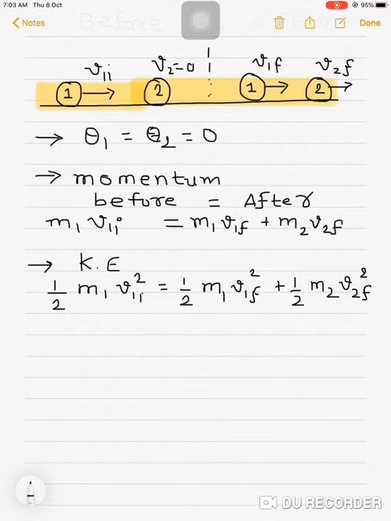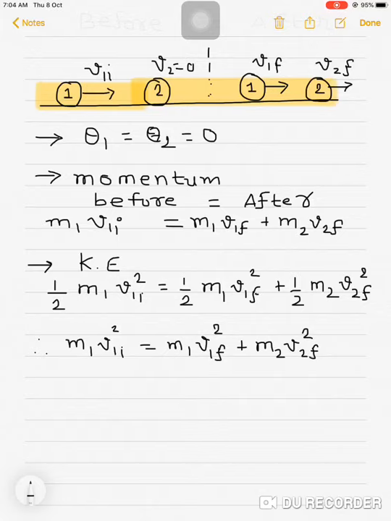If we take 1 half common on both sides, then we can write m1 v1i square equals m1 v1f square plus m2 v2f square.